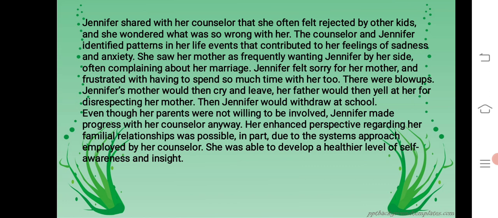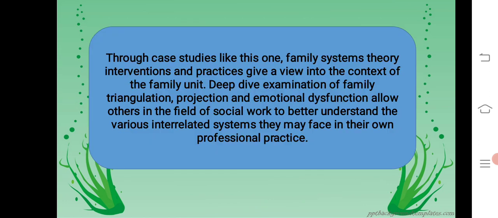Even though her parents were not willing to be involved, Jennifer made progress with her counselor anyway. Her enhanced perspective regarding her familial relationships was possible in part due to the systems approach employed by her counselor. She was able to develop a healthier level of self awareness and insight.